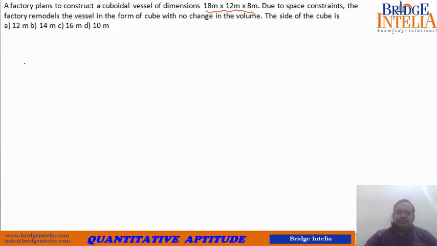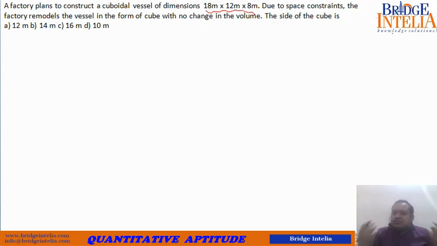So you see, earlier the factory had decided that it will form a cuboidal vessel having dimensions 18 into 12 into 8. But then it changed its mind and it decided to cast a cube instead. So what is common between the cuboid and the cube? The volume.